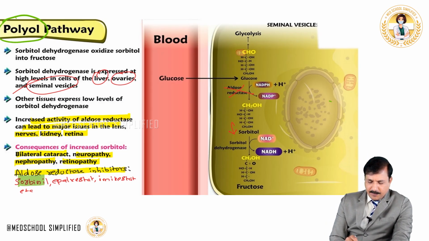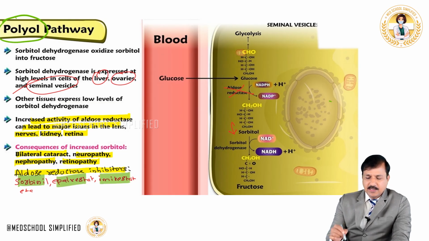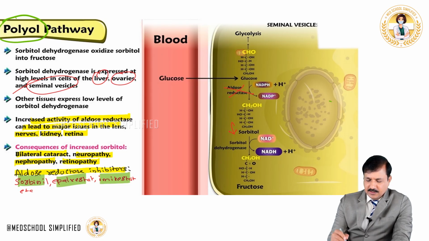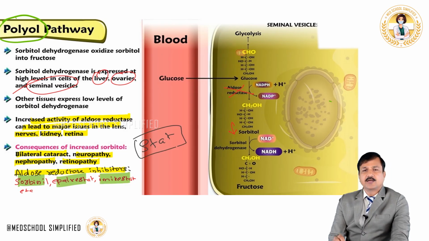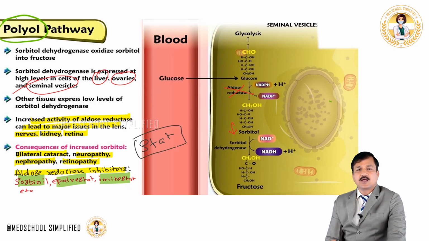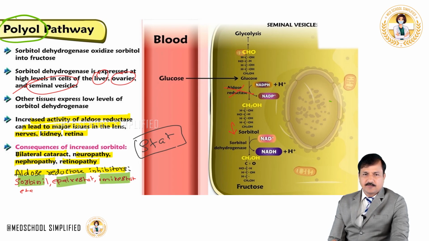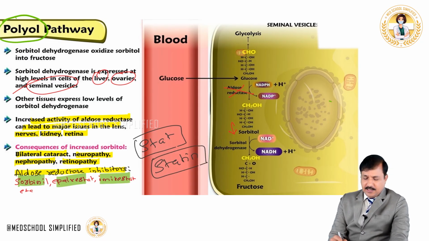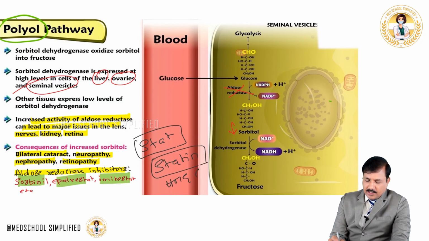Then we have epalrestat, imirestat. Just to give you a hint, any drug whose name ends in stat is usually an aldose reductase inhibitor. Don't get confused with statin. A drug that ends in statin is an HMG-CoA reductase inhibitor.